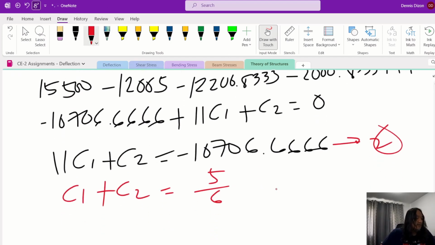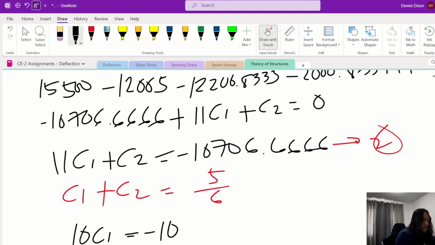So therefore, we will eliminate C2, so we will subtract. 11 C1 minus C1 is 10 C1. This one minus 10,706 minus 5 over 6. So that is minus 10,707.49993.